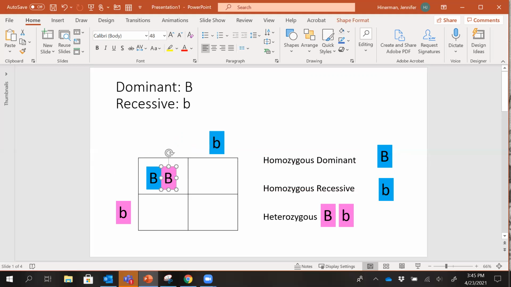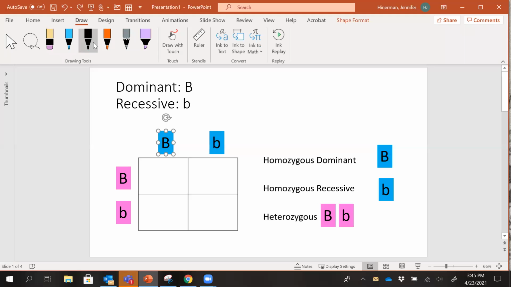Okay, so then what I would write right here, if I took my drawing tool, so here I would write big B, big B. Here, I'll make that a little bit darker. Okay, then we'll do this box. So I'm going to combine what's on top. I always put the big letter first.